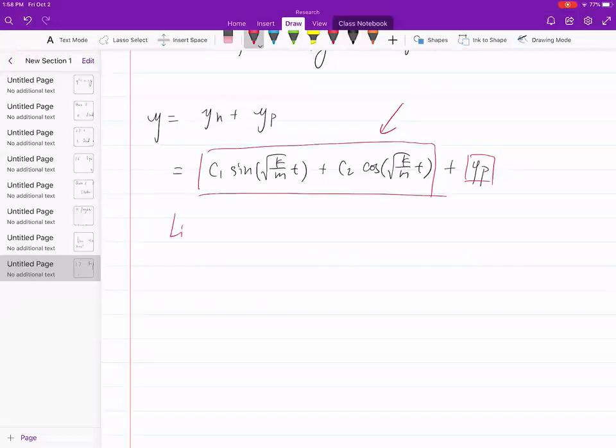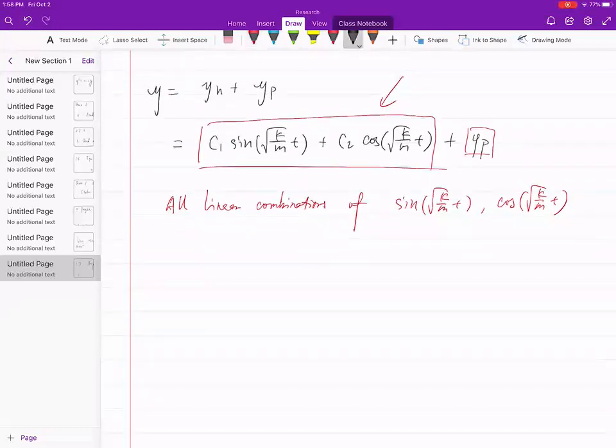This is a linear combination. Actually, all possible linear combinations of sine of square root of k over m t and cosine of square root of k over m t. Your C1, C2 can be anything, right?